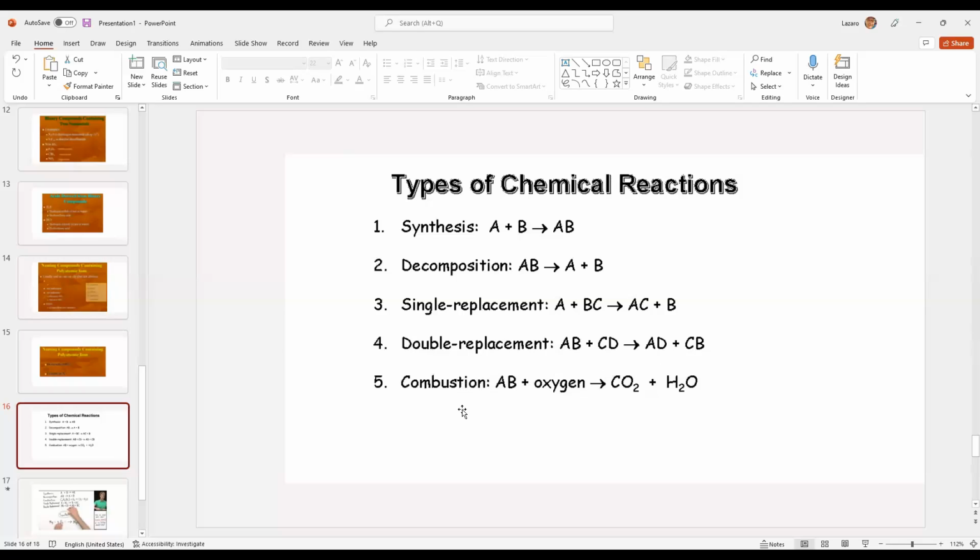And a combustion reaction is when you have the reaction between a compound and oxygen. Almost always, this type of reaction produces an oxide, and in the case of a combustion reaction with a compound that contains carbon, they produce carbon dioxide and water.